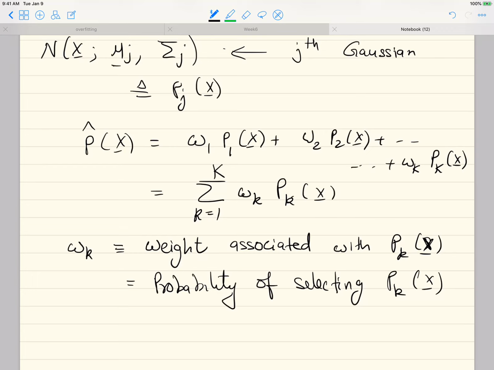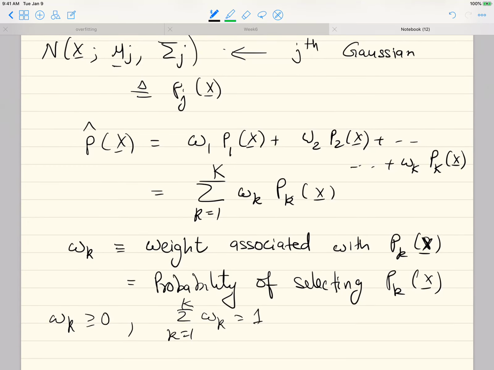That's what wk is. All the wk will be positive and the summation of wk will be 1. This is how the weights are selected. Once we select the weight, we take that and multiply it with the multivariate Gaussian density function evaluated with respect to the kth density. And then we take the weighted sum.